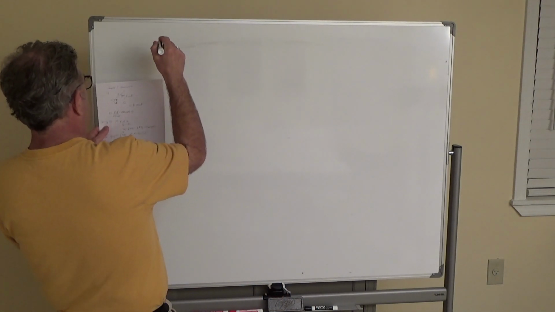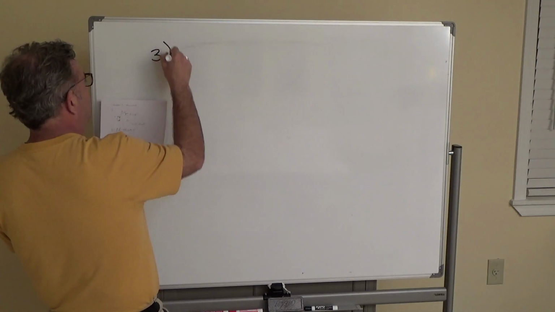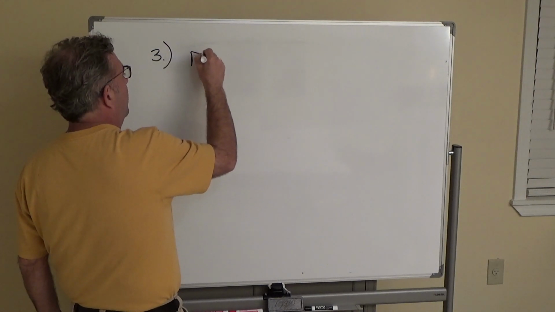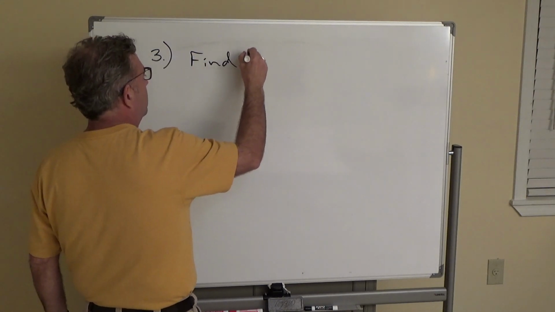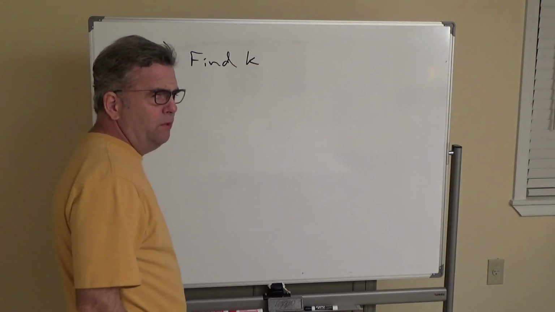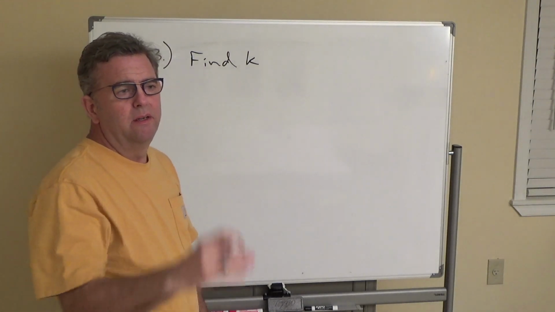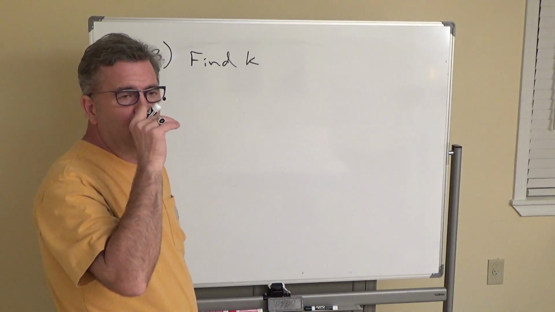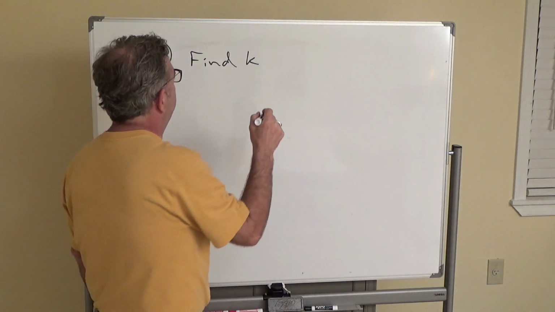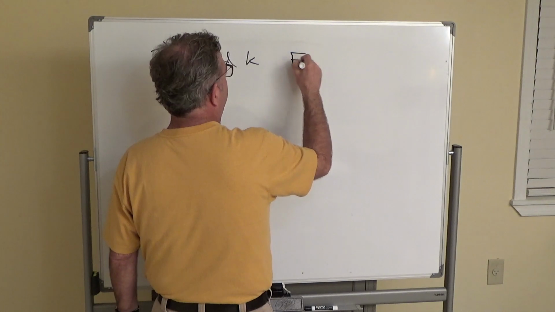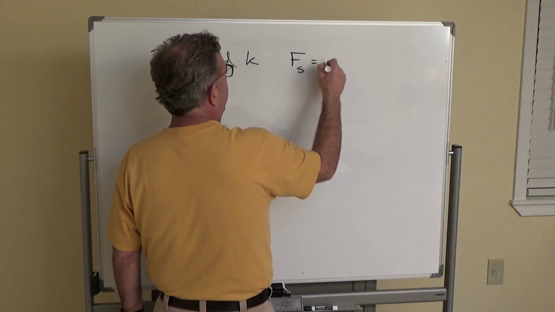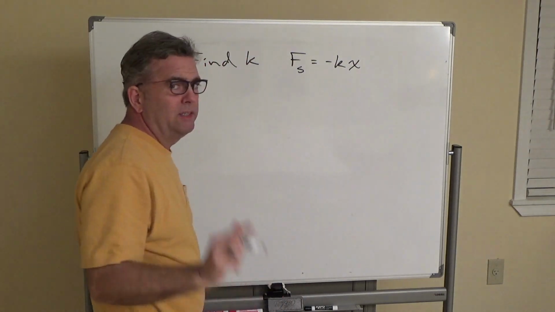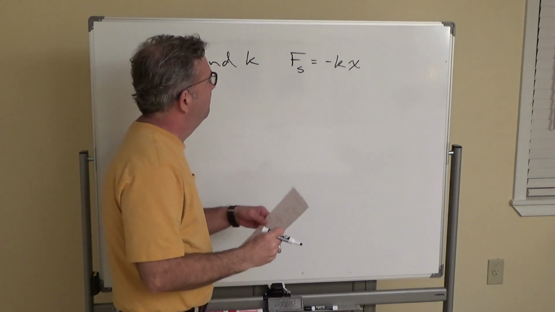Number 3. This is the spring problem. All right. So the first thing you have to do is find K. I think they give you the displacement and they give you the force. So remember that F is equal to minus Kx. That's one dimension, right?